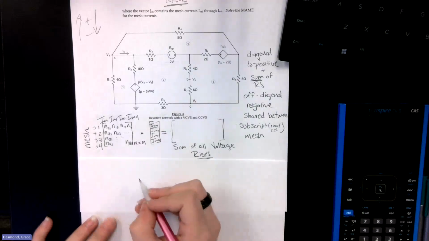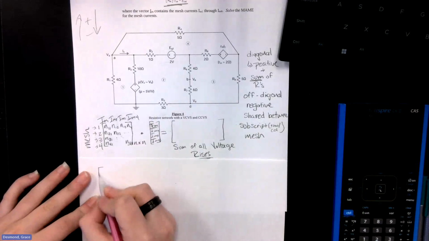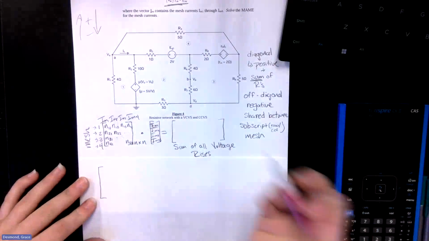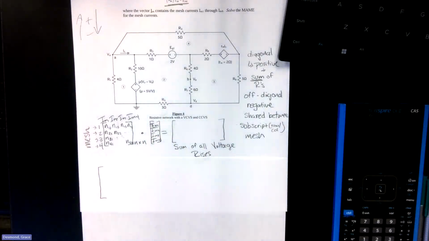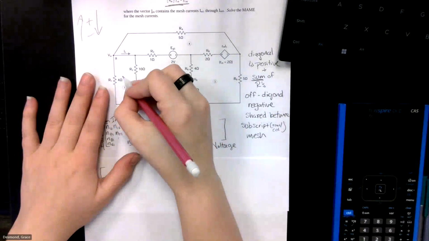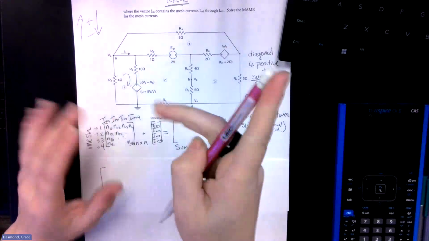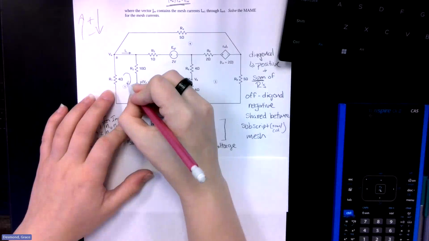So let's go ahead and start with our resistive matrix. This is mesh 1. Oh, very, very important: always clockwise. Always.